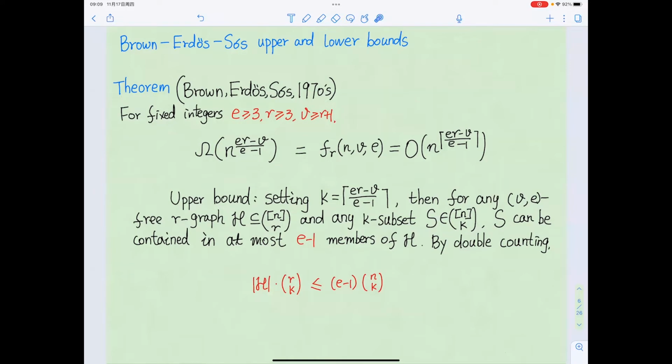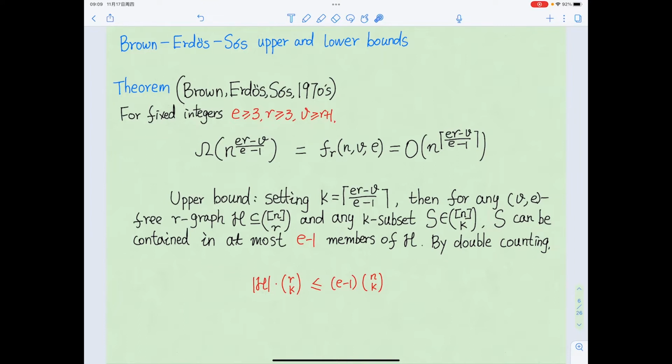Otherwise, if S is contained in some e edges of H, then the union of those e edges is small, at most v, contradicting the assumption that such a graph is V,E-free.